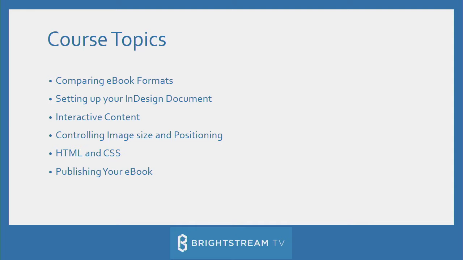We also want to take a look at image size and positioning, so just some standard elements there from within the InDesign document. Finally, we'll take a look at the HTML and CSS. We'll be very, very brief on that. This is not a programming course or an HTML editing course, so we're going to just be very brief about that. And then we're going to wrap it up by showing you how to publish the ebook format itself.